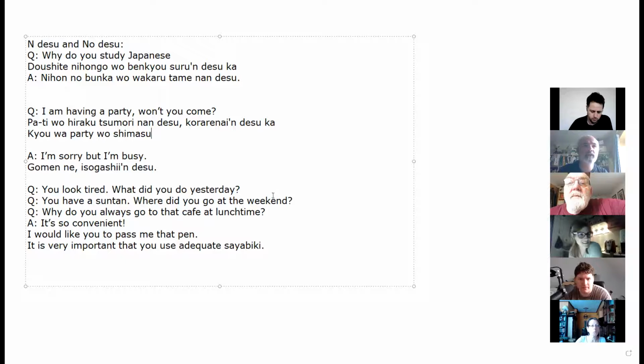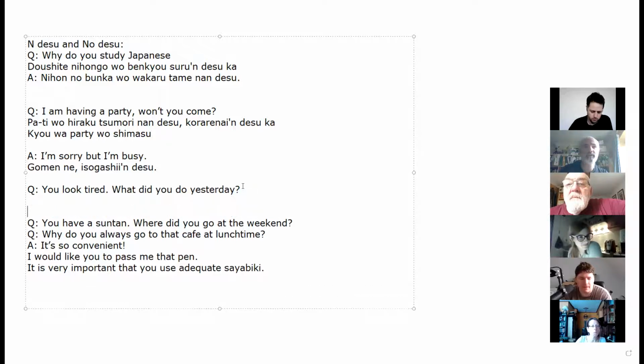Constantina to David: you look tired. What did you do yesterday? So just before we go further, let's for the time being treat this as a statement of fact. Just for now, and then we'll use contextual speech for this one.